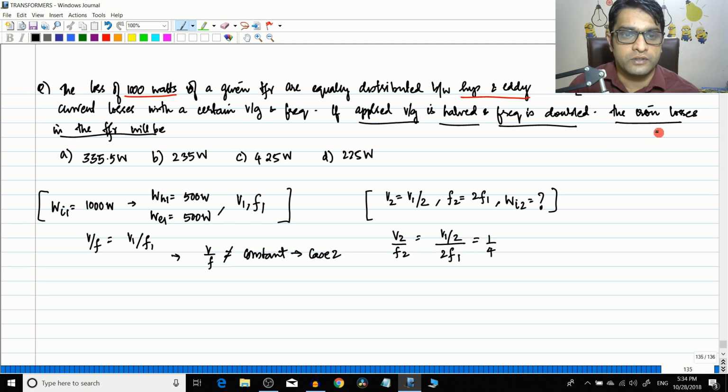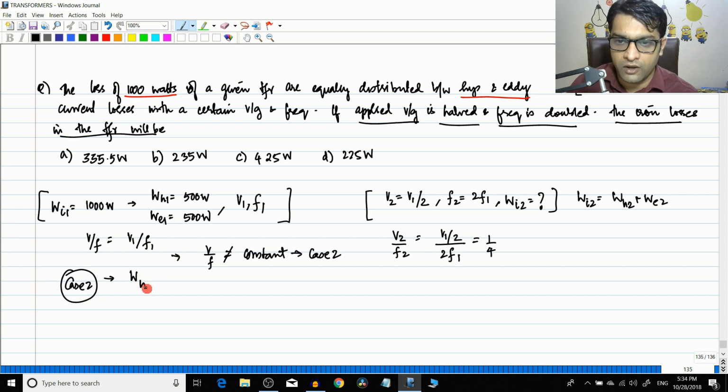So the Wi2 value, that is the iron loss, will be equal to WH2 plus WE2, where H2 is the hysteresis loss and E2 is the eddy current loss. Because this is case 2, the hysteresis loss will be proportional to V raised to 1.6 into F raised to minus 0.6.